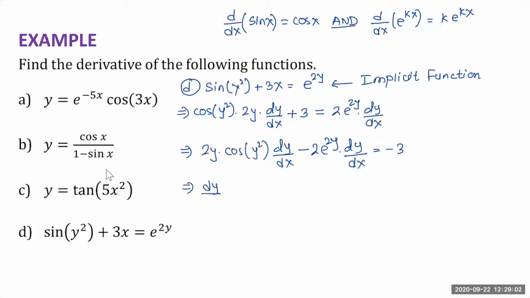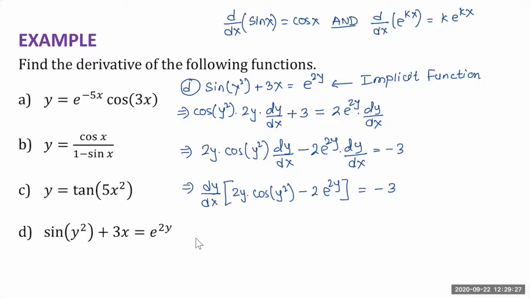Factoring dy over dx out from the first, I have 2y times cosine y squared, and then minus, from the second, 2 e to the 2y, equal to negative 3.